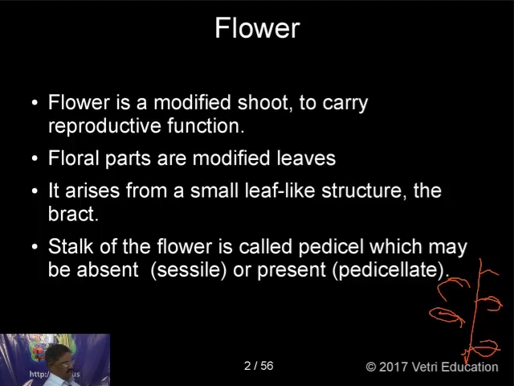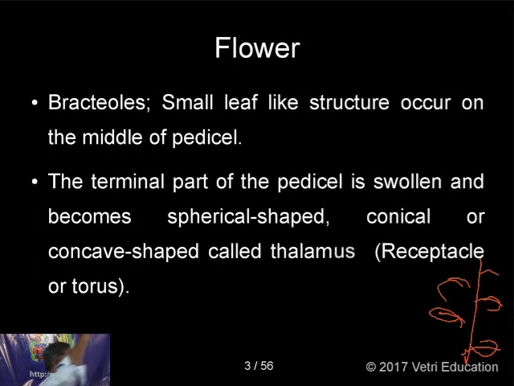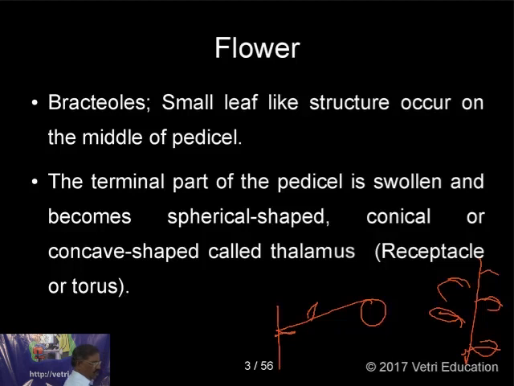Absent, sessile condition. Next, if a flower has bracteoles, a bracteole is a small leaf-like structure that occurs anywhere on the pedicel, not exactly in the middle. If you see this, this is the flower, this is the bract, and on the pedicel any leaf-like structure is called a bracteole.